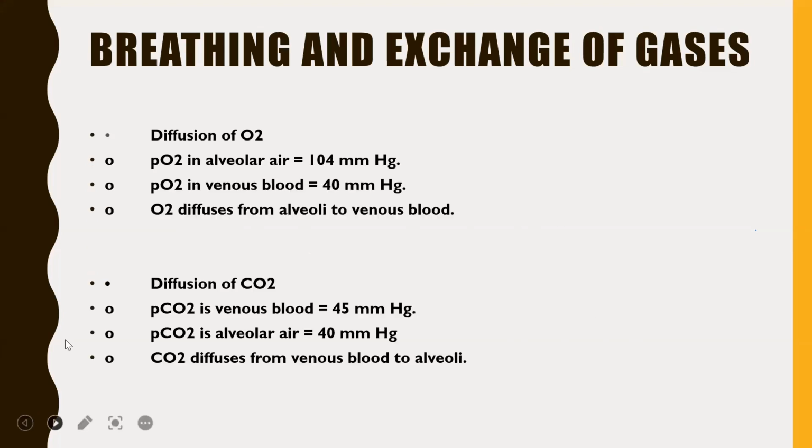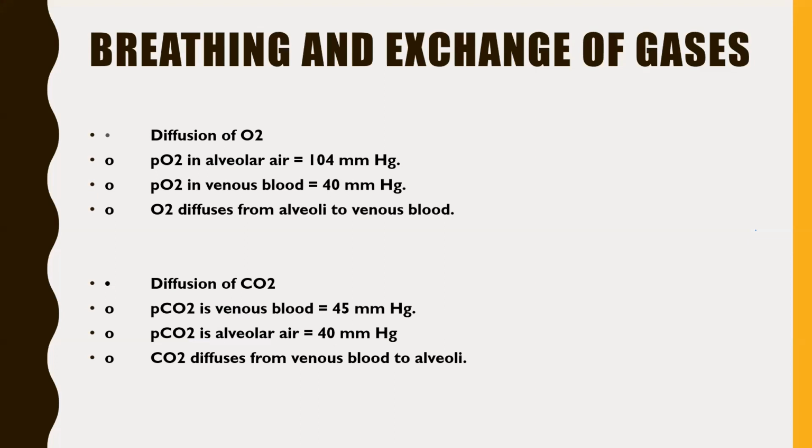Then, diffusion of oxygen. So partial pressure of oxygen in alveoli is 104 mmHg. Then in venous blood, that is blood in veins, which is usually carbon dioxide rich, the partial pressure of oxygen will be 40 mmHg.